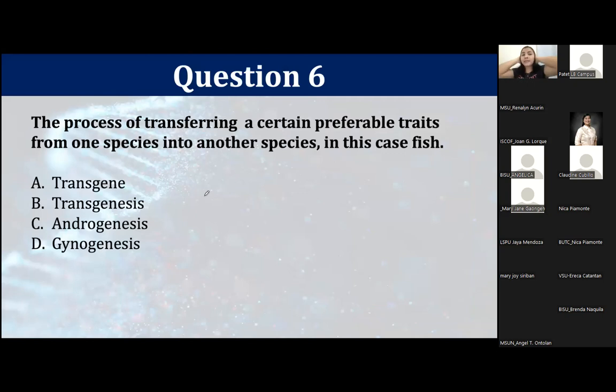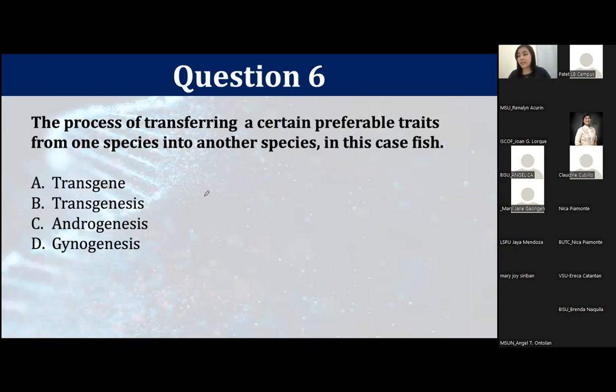Okay, question number 6. The process of transferring certain preferable traits from one species into another species, in this case, fish. So what is the answer? A, transgene, B, transgenesis, C, androgenesis, D, gynogenesis. The process.